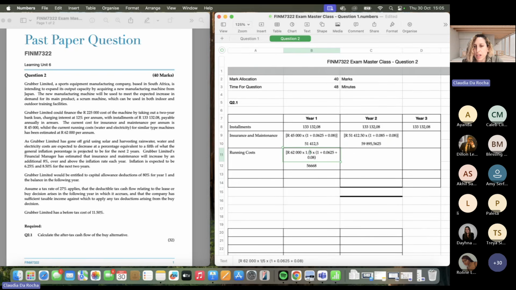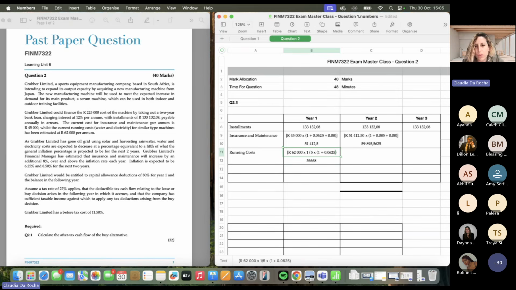For 1/5, but I must not include that 8% because that was only for the insurance and maintenance. So let's make sure I don't make that mistake. Okay, much better.